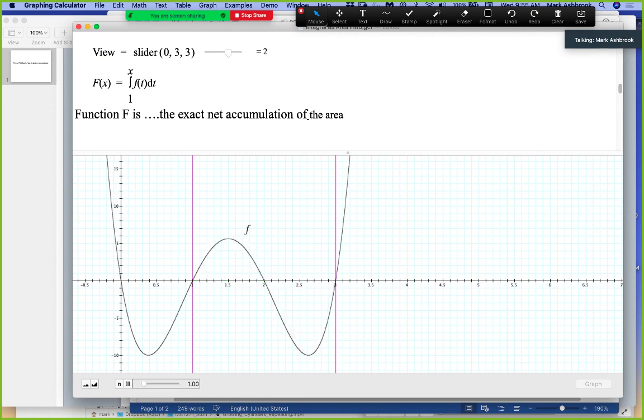And what area is it? So it's the area between function f of t and the x-axis. Good. Function f and the x-axis.